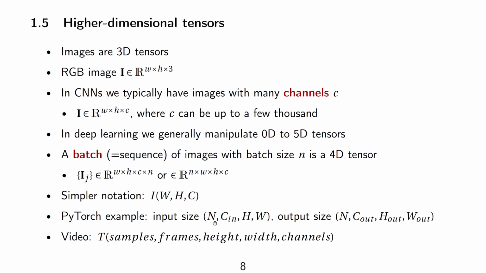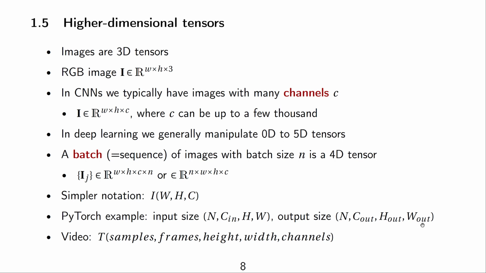This is the index of the element within the batch. These are the number of input channels. This is height and width. And then out you get another tensor. That again is the index. Then you have the number of output channels, the height and width of the output tensor.